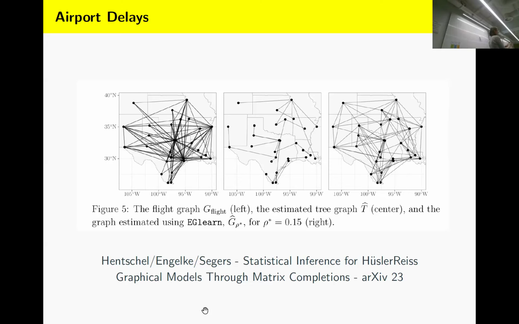The average delay is probably relatively small, but here we also carried out the analysis of the underlying graphical structure in the extremes between airport delays, how they are connected to each other. That could help to understand how these delays are interconnected, where to put resources, or how to address this better, perhaps.